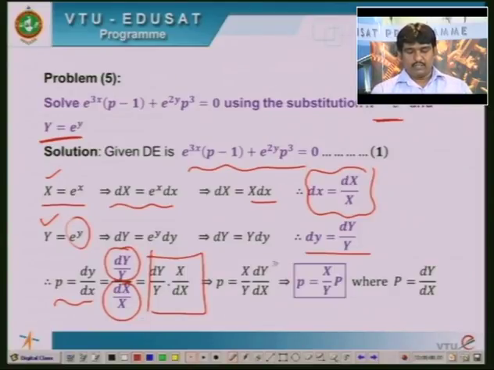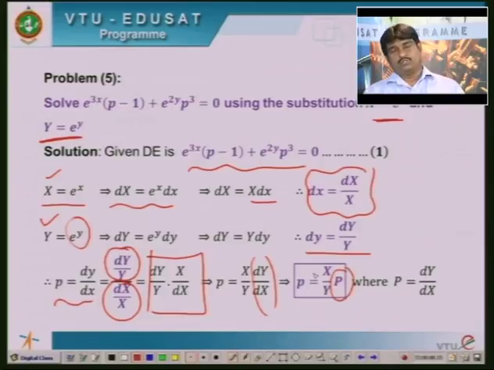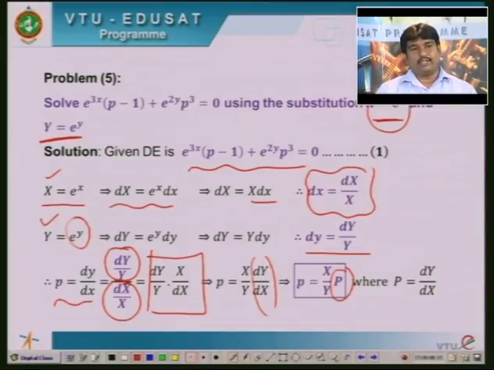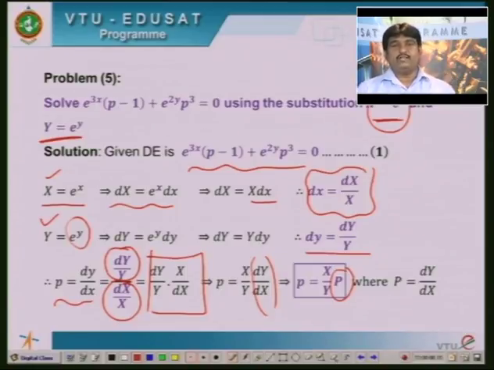Therefore, small p is X by Y into d capital Y by d capital X. I will treat this derivative d capital Y by d capital X as capital P. So the transformation: independent variable small x is log X, because e to the power of small x equals capital X. Similarly, capital Y is e to the power of y, meaning small y equals log Y, and then small p gets converted to X by Y into capital P, where P represents the derivative in terms of new variables capital Y and capital X.